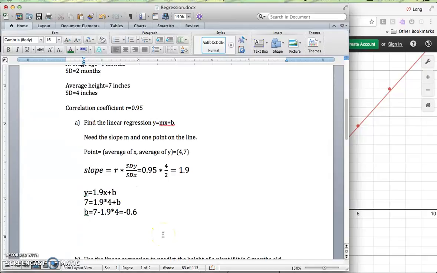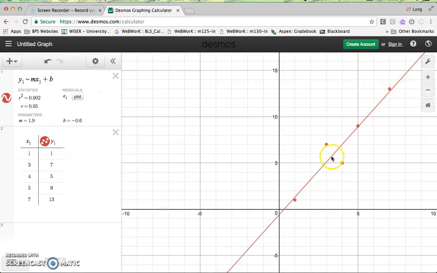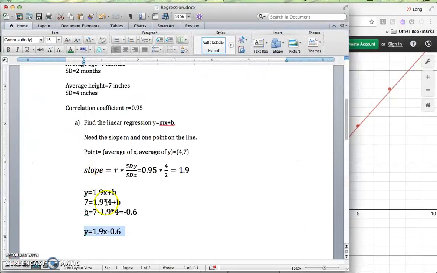The linear regression is y equals 1.9x minus 0.6. This equation is the equation of that line. Notice the slope is 1.9 and the y-intercept is negative 0.6. That's what the calculator had, and our calculation shows it's the same thing.